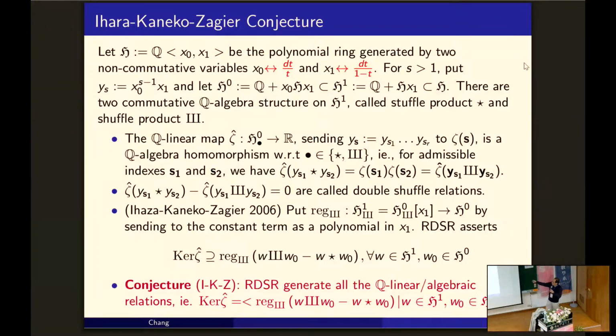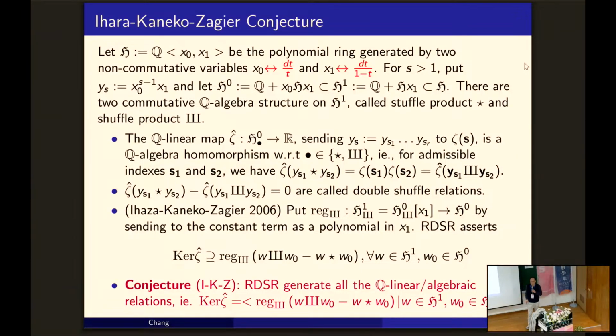I don't need the precise definition; in fact, we can write down the definitions of star and sharp in a very simple and concrete way. So the double shuffle relation means that the product of MZVs can be expressed as two different linear combinations. The subtraction gives you a non-trivial linear relation. This is called the double shuffle relations.